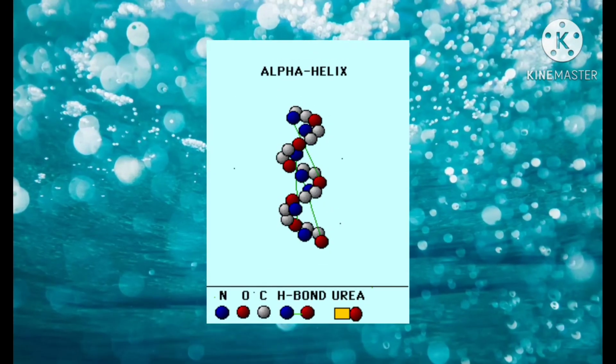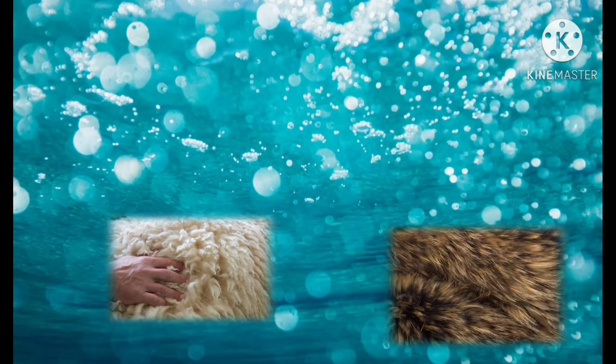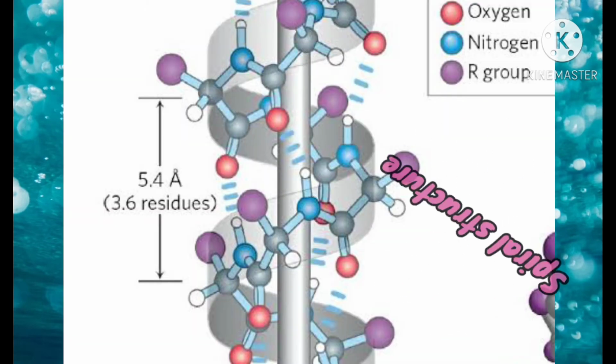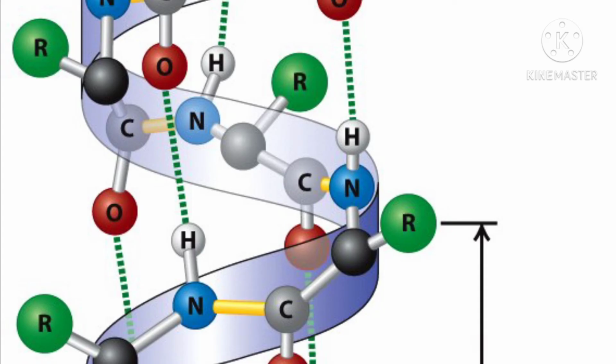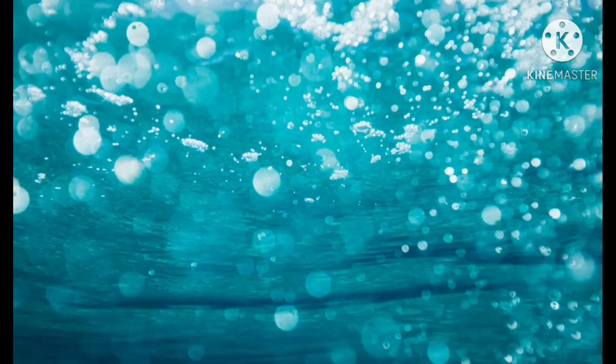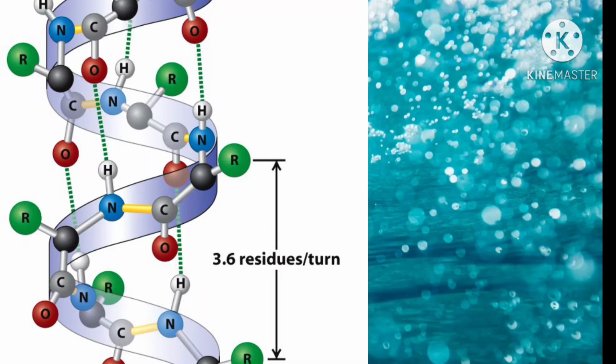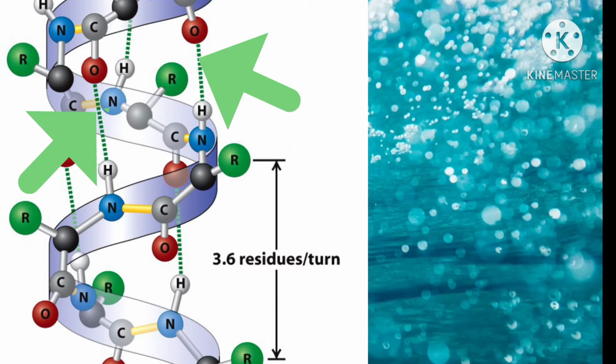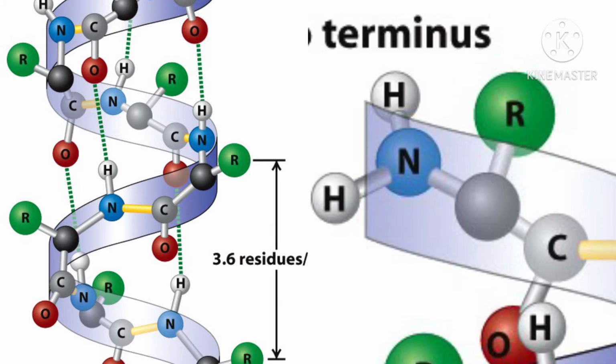Alpha helix is the most common structure of proteins. They are the structures that provide covering such as hair, wool, fur, and nails. It also has a spiral structure and its R chains are located on the outer side of the structure. All of the amide, hydrogen, and carbonyl bonds are included in hydrogen bonding except the first and the last.